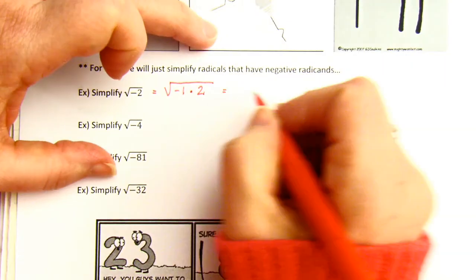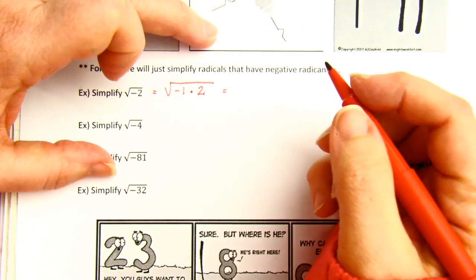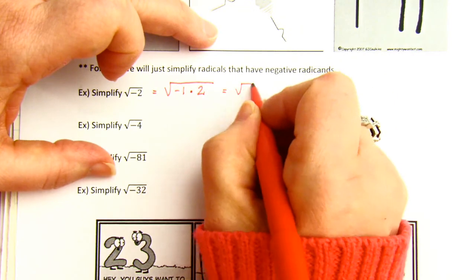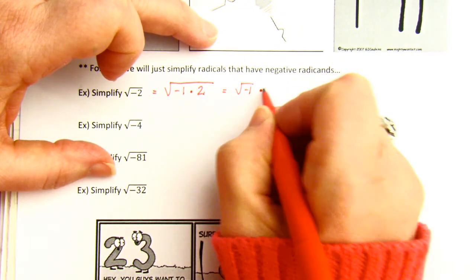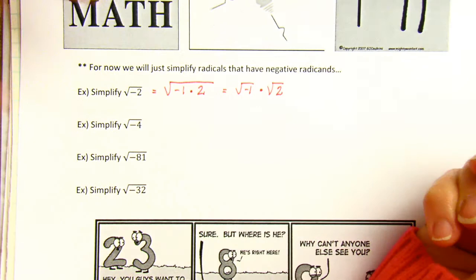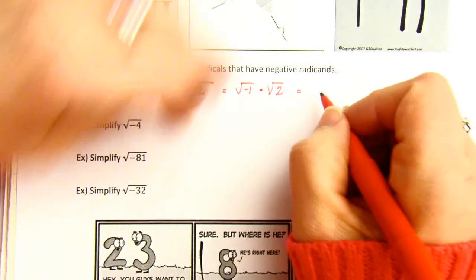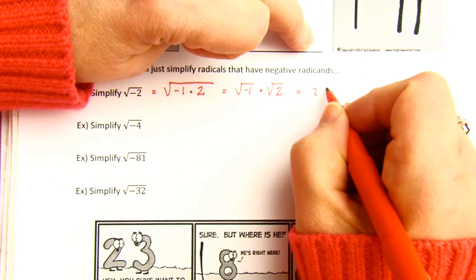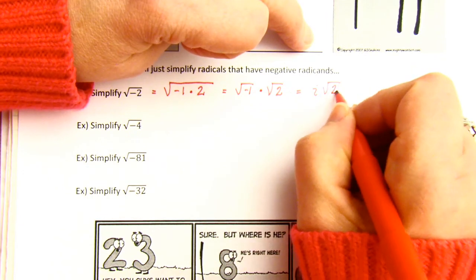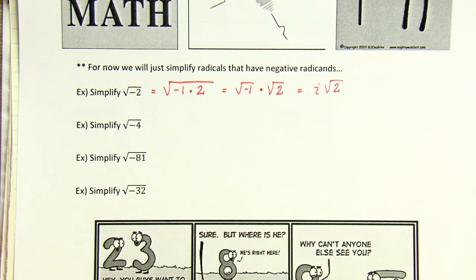We could use the product rule that says I can split these apart as such. And since the square root of -1 equals i, put the i in front of the square root of 2. You could pause the video and do the next 3 examples of simplifying radicals.